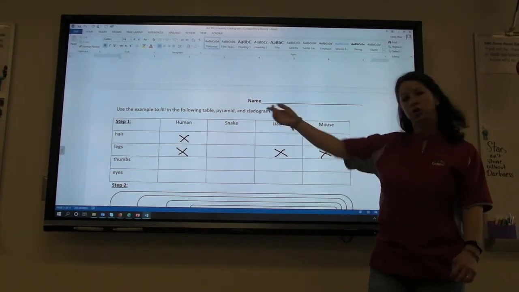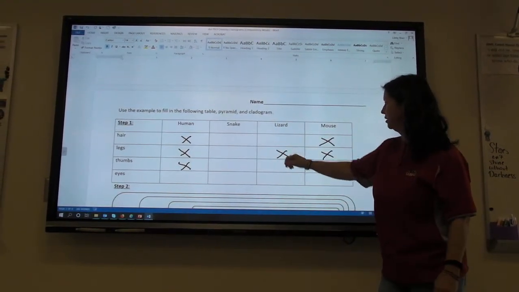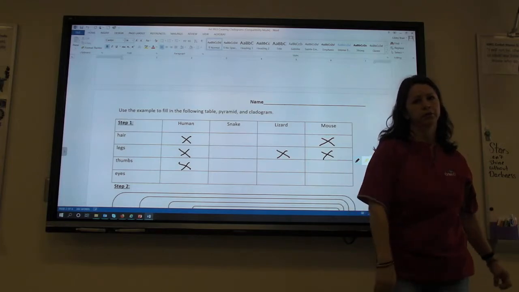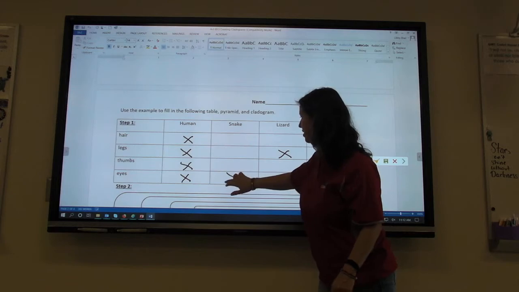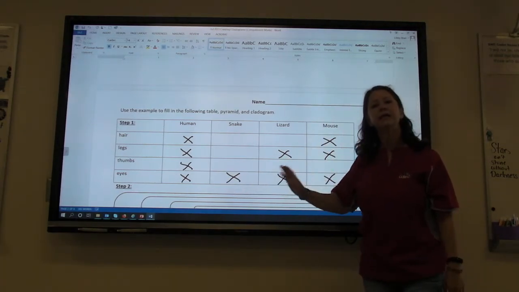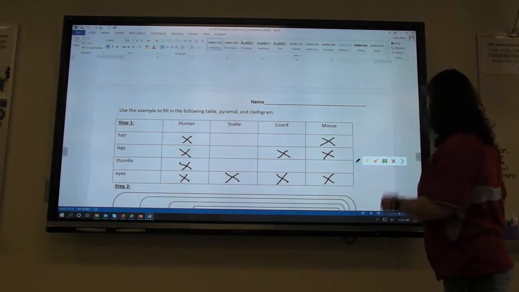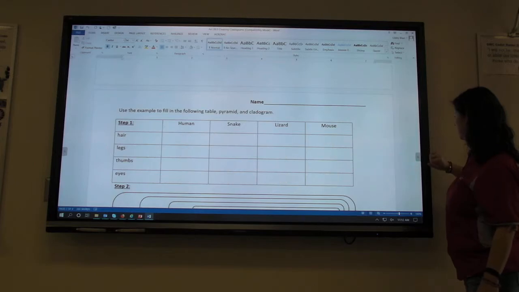Yes. Does a human have thumbs? Yes. No for snake, no for lizard, no for mouse. Does a human have eyes? Does a snake have eyes? Does a lizard? Does a mouse? Yes, yes, yes, yes. And so now we got our characteristics.